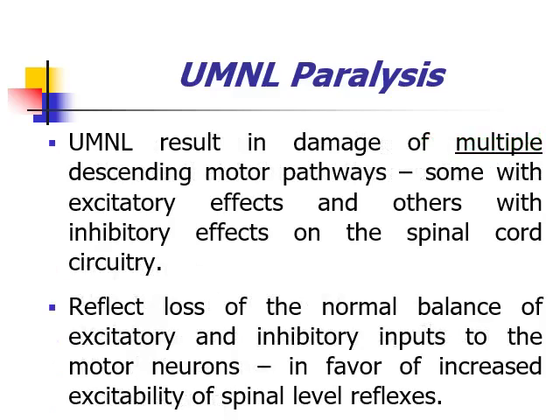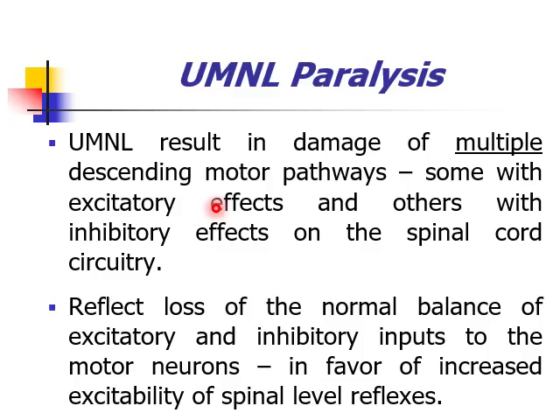Upper motor neuron lesions result in damage to multiple descending motor pathways. These motor pathways are either excitatory, like the ones linked to the pyramidal system, or inhibitory, related to the extrapyramidal system. We said that the pyramidal and the extrapyramidal systems both work at the same time, and I cannot functionally separate them from each other.